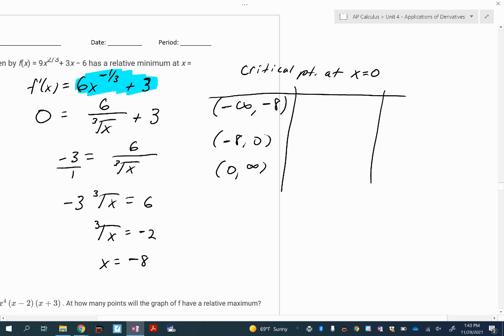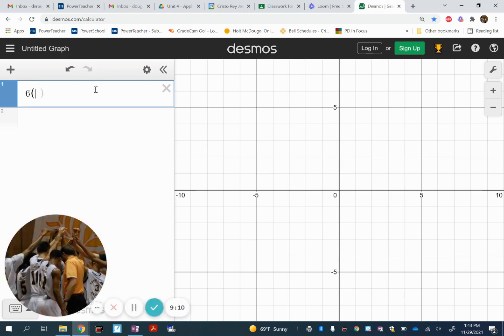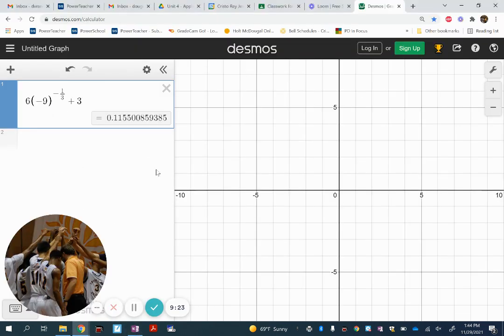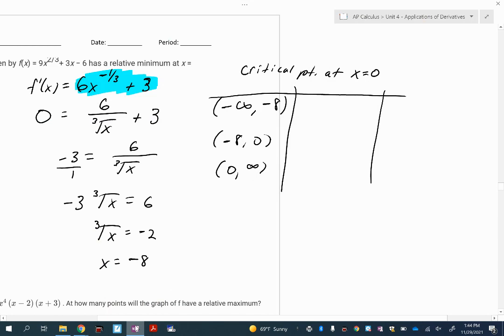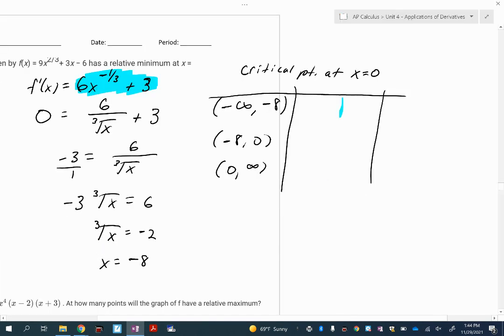So I'm going to do 6 times negative 9 to the negative 1/3 power plus 3. So that gives me a positive.